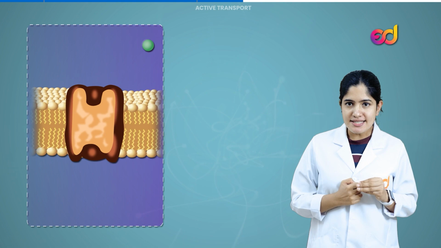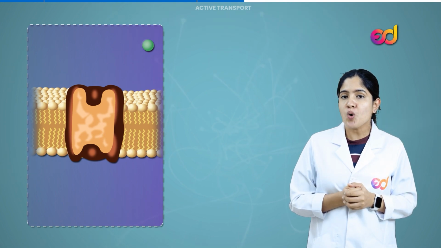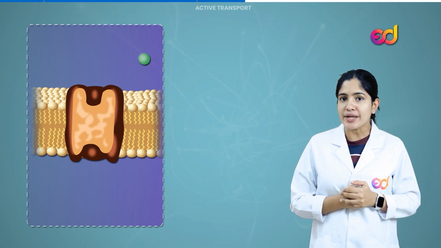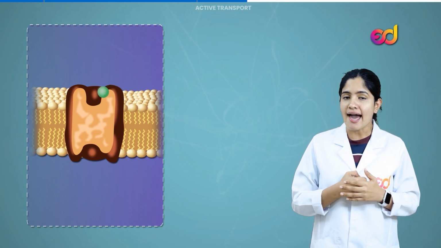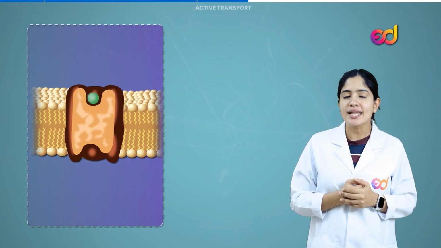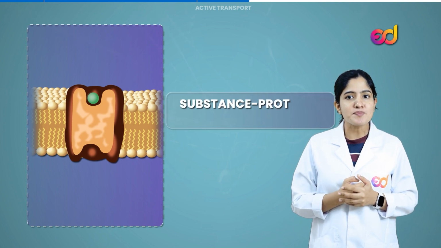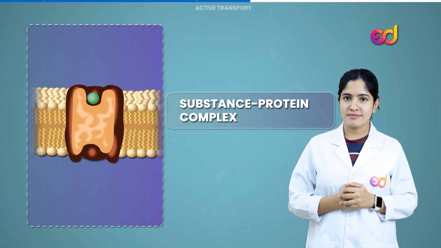Okay, now coming to the mechanism of active transport. It can be explained very vaguely like this. When a substance that needs to be transported across the cell membrane comes near the cell, it combines with the carrier protein of the cell membrane and forms a substance-protein complex.